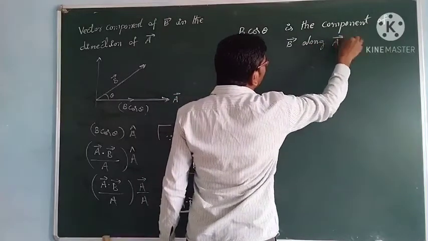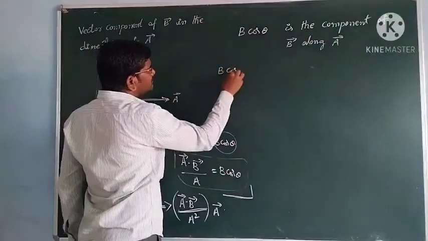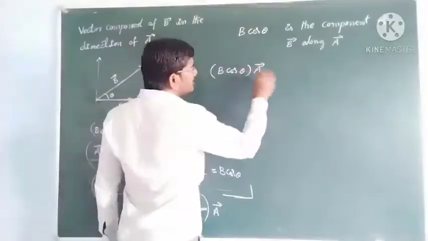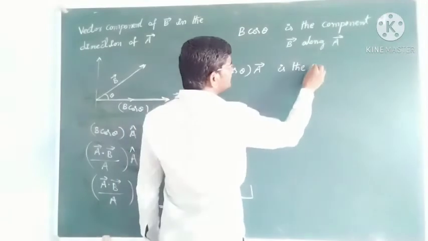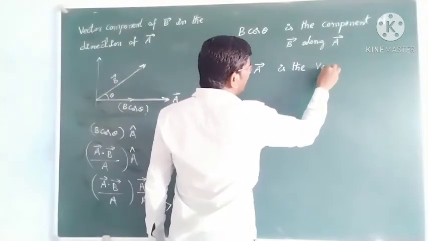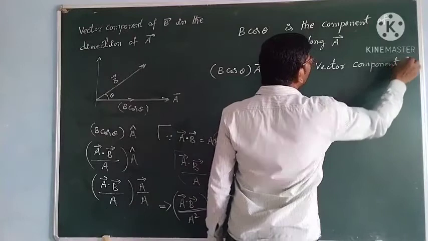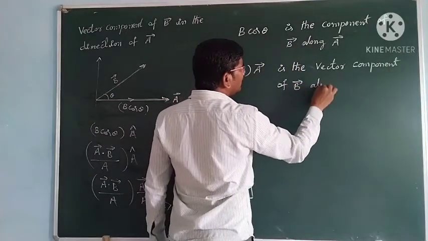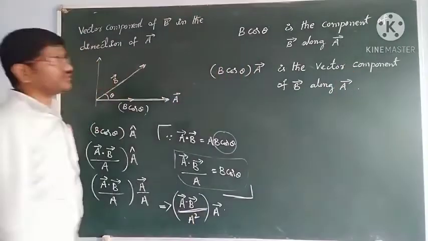And this one is the vector component of B bar along A bar. Okay students, that is this one we got it.